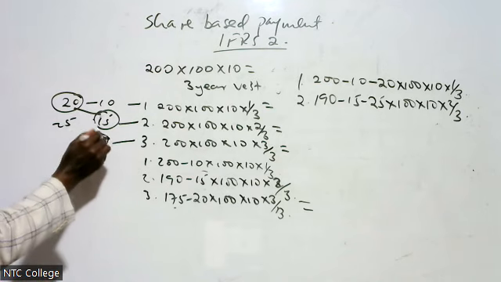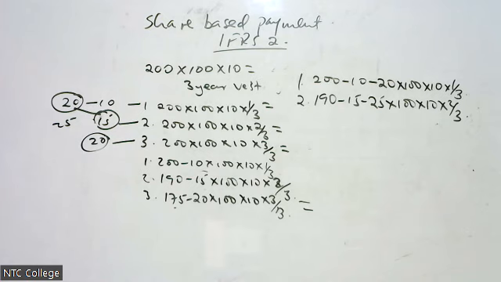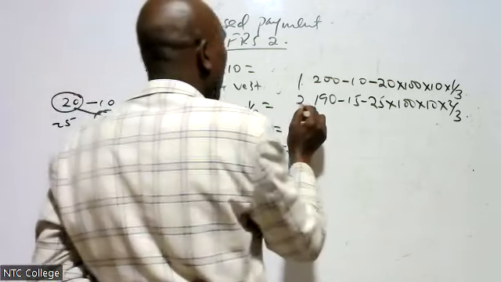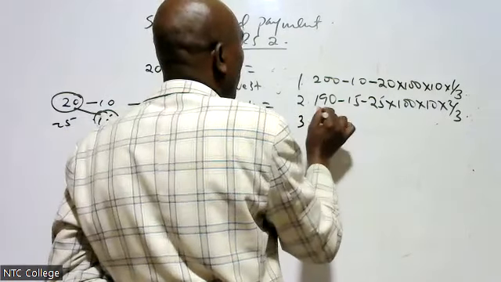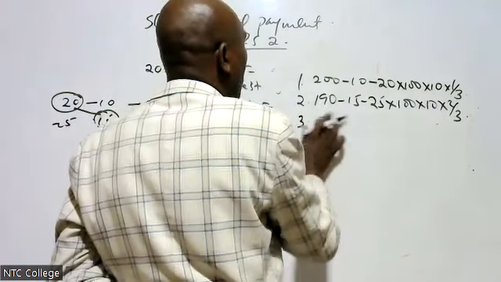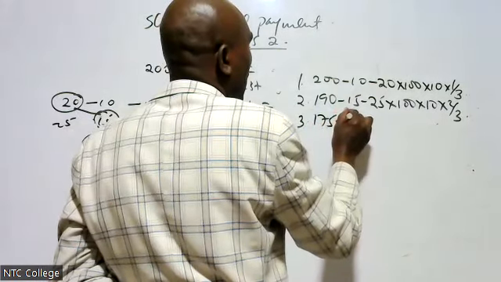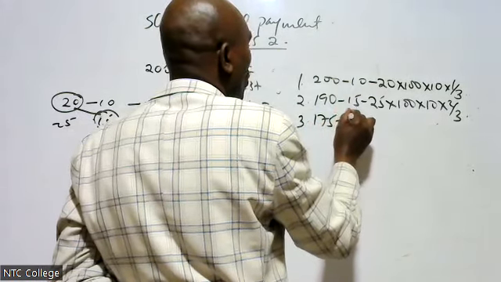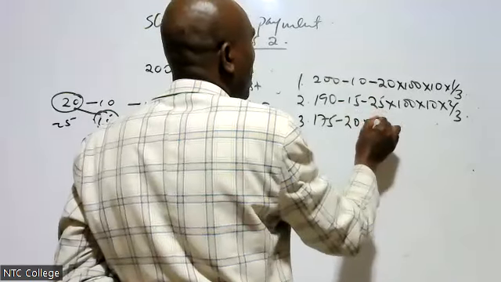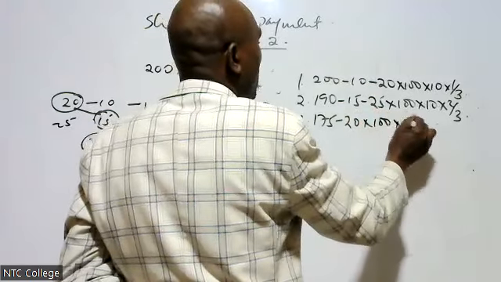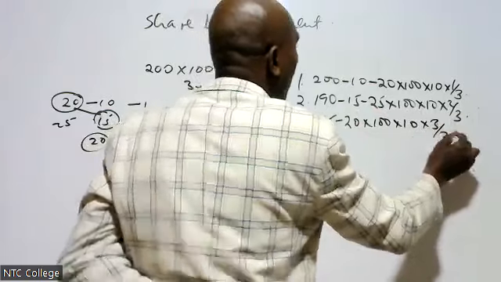But when we come to year 3, I'm finding that only 20 employees will leave the company. Therefore, here, in year 3, I will take 175 minus 20 times 100 times 10 times 3 over 3.